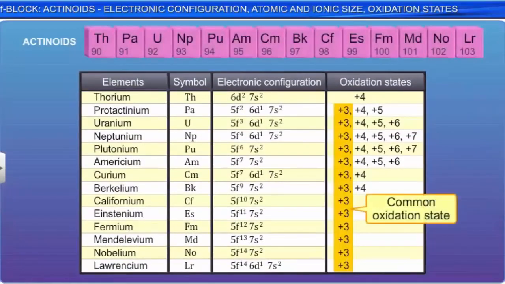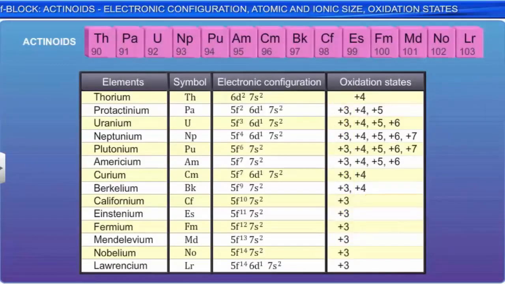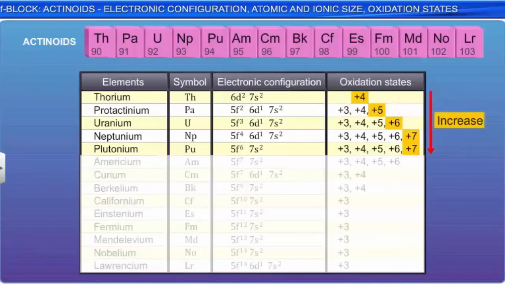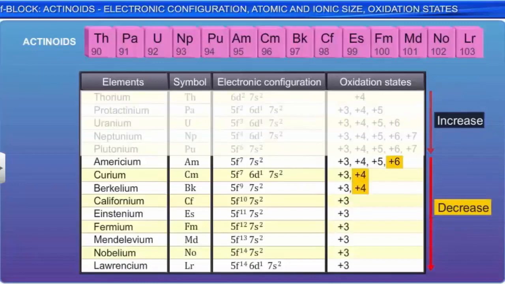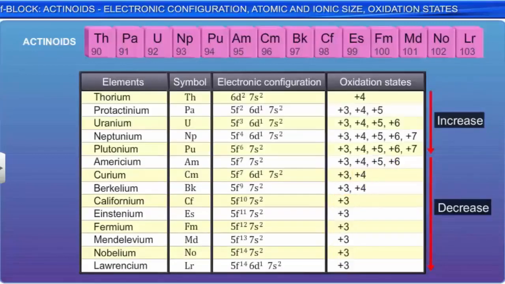The maximum oxidation state first increases up to the middle of the series and then decreases. That is, it increases from +4 for thorium to +5, +6 and +7 for protactinium, uranium, neptunium and plutonium, but decreases in the succeeding elements.